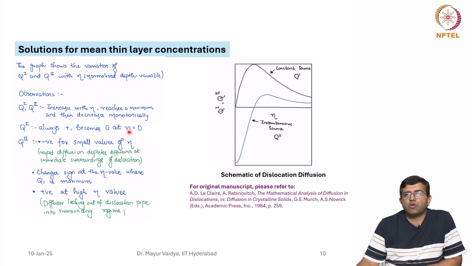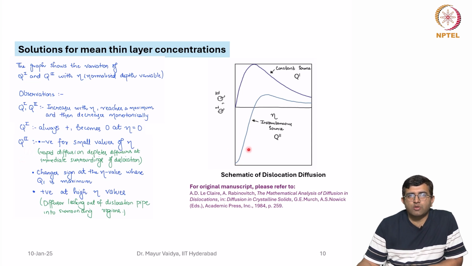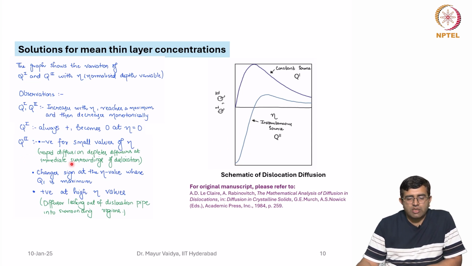It becomes 0 at eta equal to 0, but Q2 is negative for small values of eta. That is because of the rapid diffusion that depletes the diffusers at immediate surroundings of dislocations. Then Q2 also changes sign at the eta value where Q1 is maximum. So here, wherever the Q1 is maximum, this is the position at which the Q2 changes the sign. Okay. So then it is positive at higher eta values.